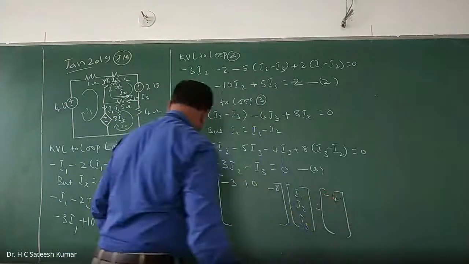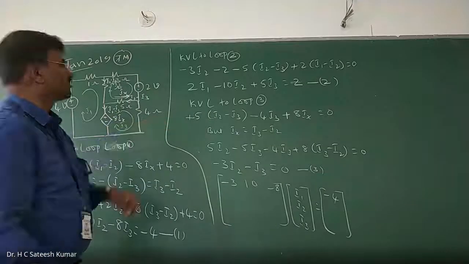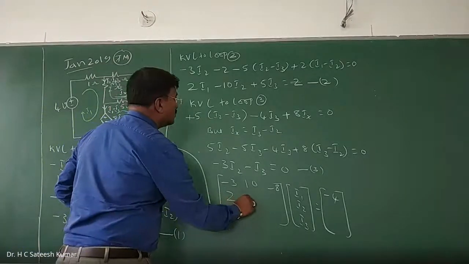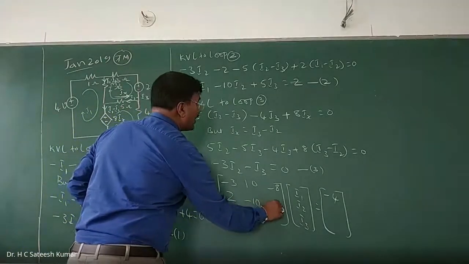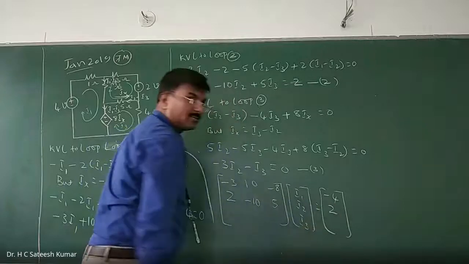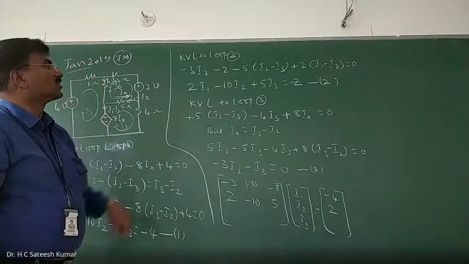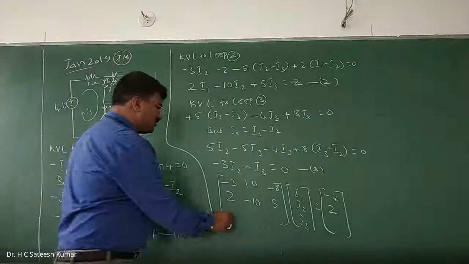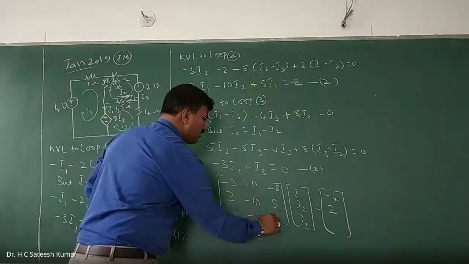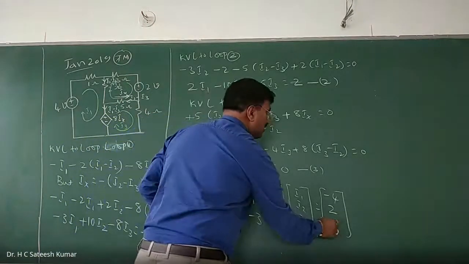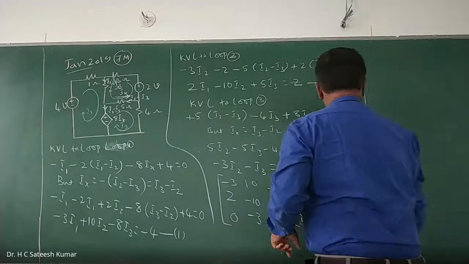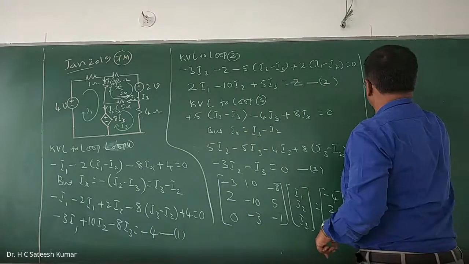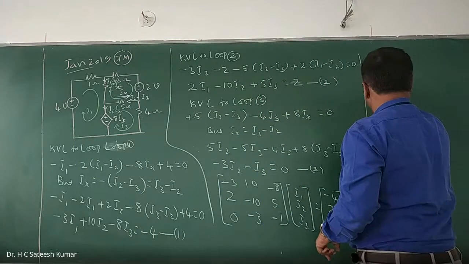We have this equation. Next one is 2, minus 10, 5, 2. Equation number 2. Equation number 3: 0, minus 3, minus 1, 0. Solve this one. You will get I1, I2, I3.